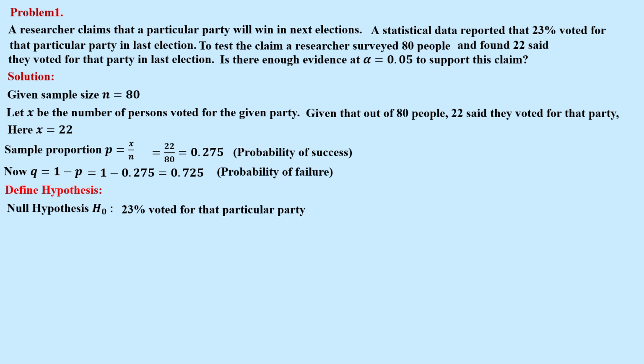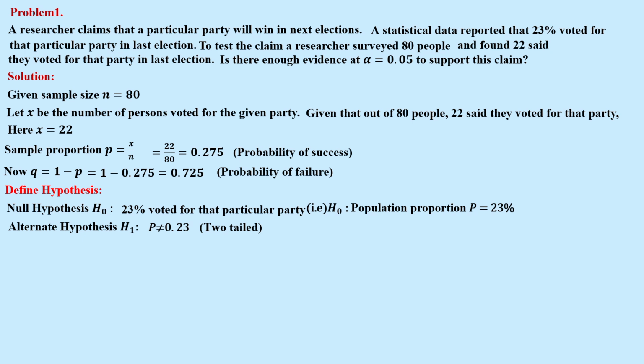We are accepting that statistical data, so population proportion capital P is equal to 0.23. Alternate hypothesis: capital P not equal to 0.23. 23% means 23 by 100, 0.23. So we are using a two-tailed test here.